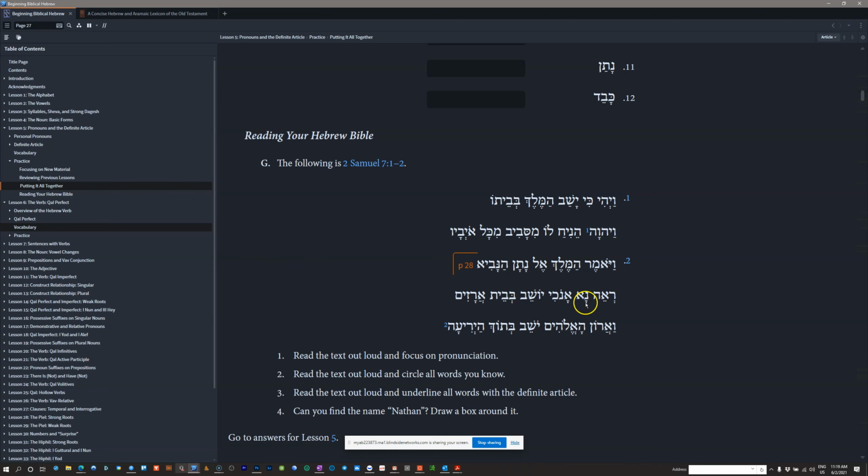Na here is a particular particle that gets used in expressions of desire or wish. Here you can translate it either as please or somehow maybe marking the emphasis of the request. So something like, please look, please see.